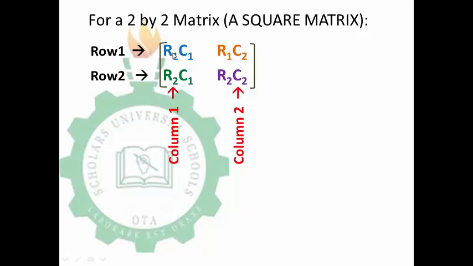So in this row, you have a number which is at the point of meeting of row 1, column 1. Every number has the row it belongs to, and the column it belongs to, as you will see later. Here, this is column 1 and this is column 2. This is row 1 and this is row 2.